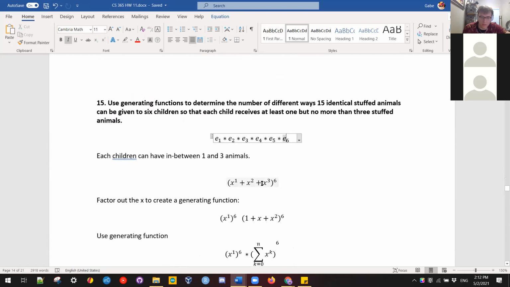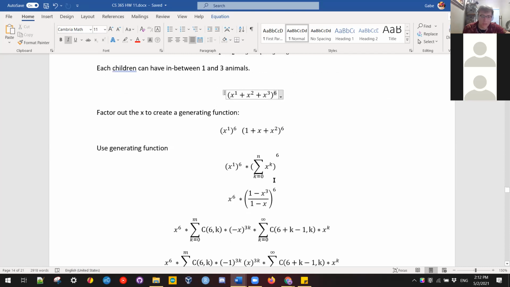So 6 children, they all have this kind of formation because they have a beginning and an end, and so then it's to the 6th because there's 6 kids, and then you could take that out to get this golden equation right here.